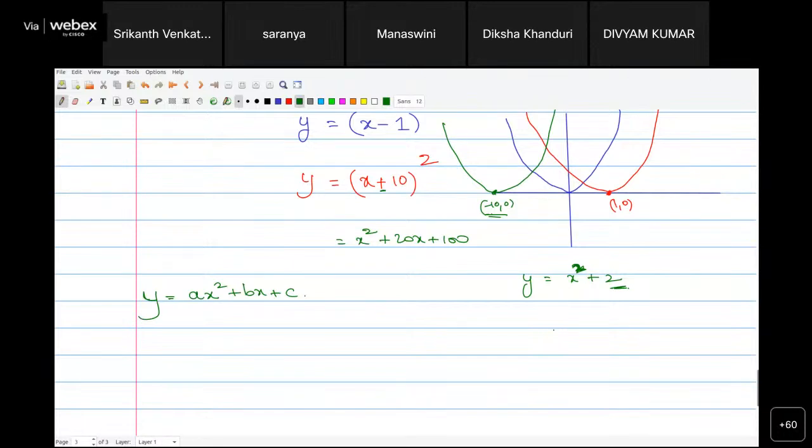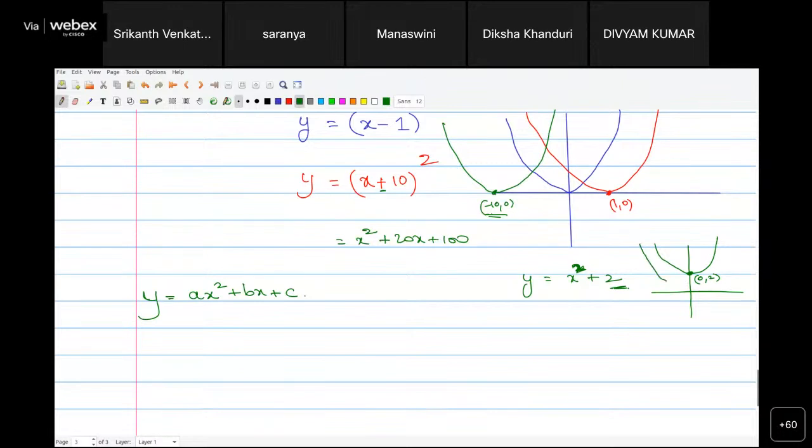It moves on the y-axis, above or below? Above. Yes, correct. So if it is plus, it will move like this. So 2 units above. So this will be 0 comma 2.